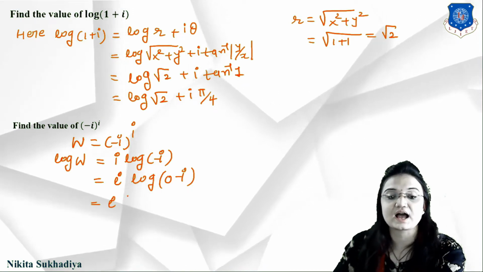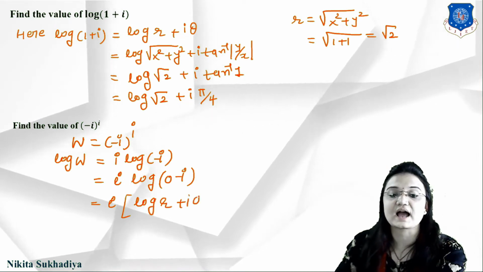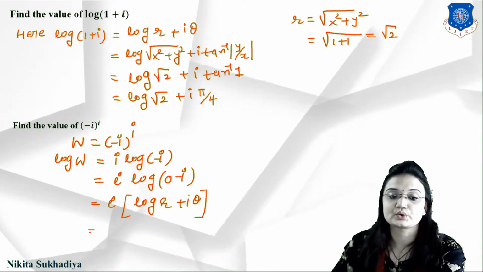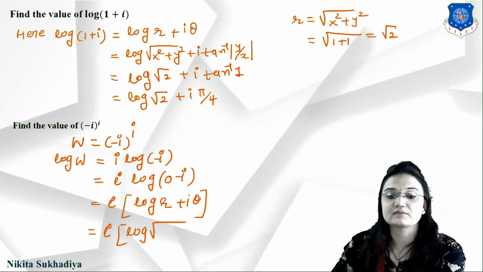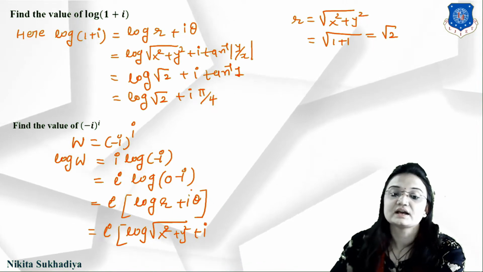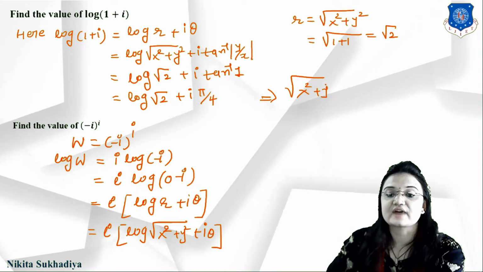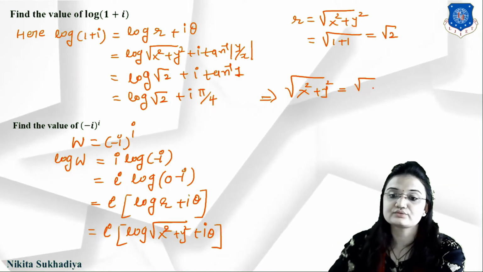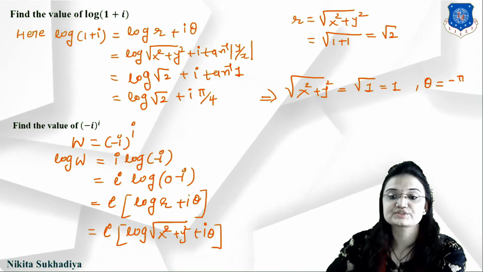So this becomes i times logarithm of r, that is under root of x square plus y square, plus i theta. Under root of x square plus y square is under root of 1, which is equal to 1, and theta becomes minus pi by 2.